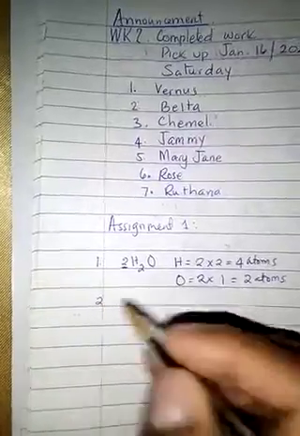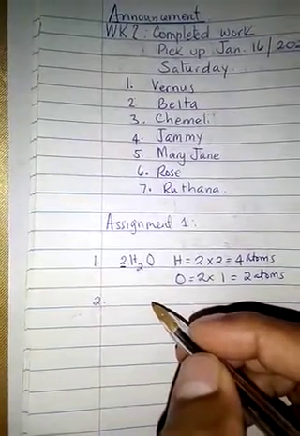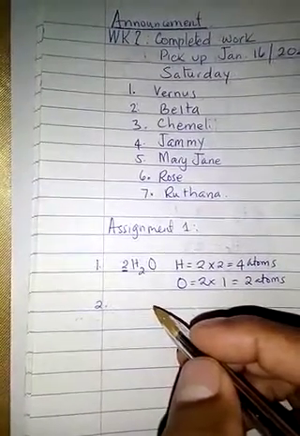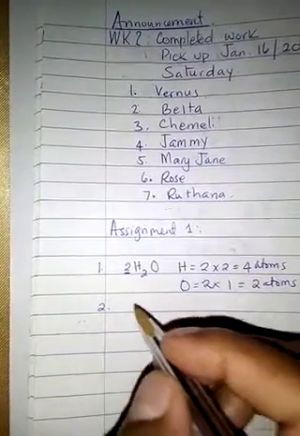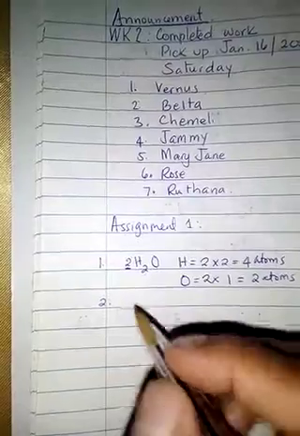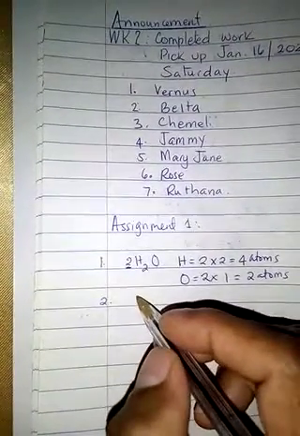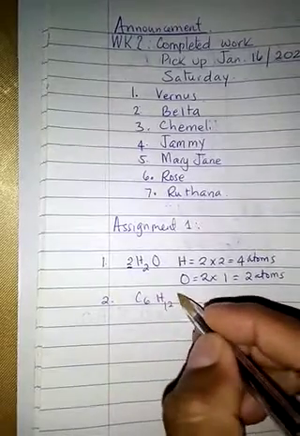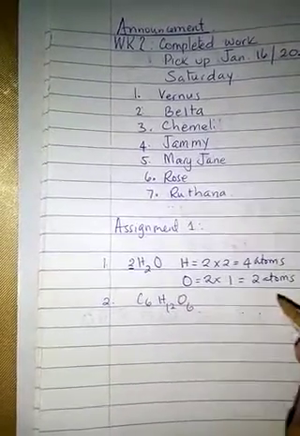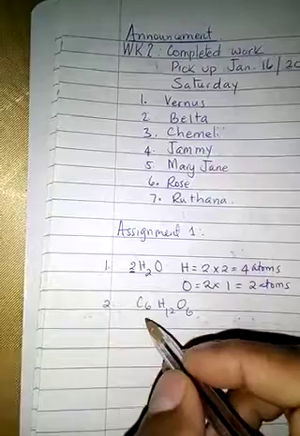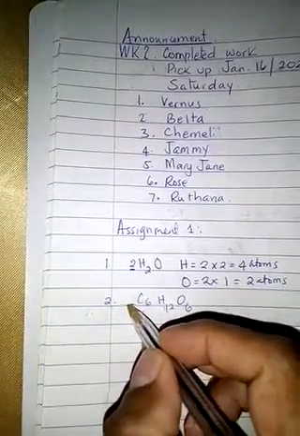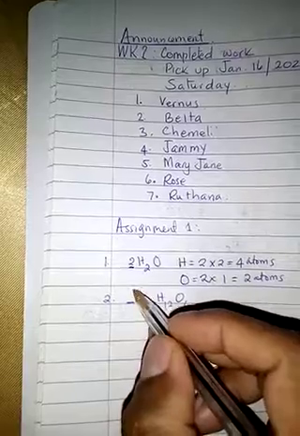What about the molecules that do not have any coefficient in front? Of course, there is one probably. For instance, if I give you a glucose molecule, C6H12O6, there is no number in front, although there is a hidden one.